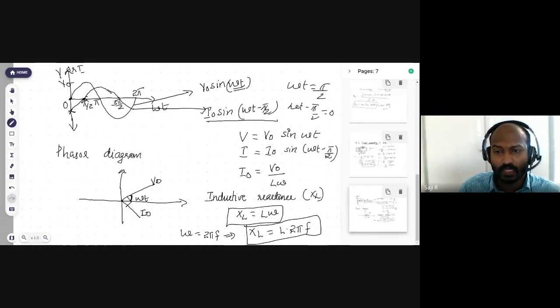As the frequency increases, inductive reactance increases, and as frequency decreases, inductive reactance decreases. Then the phasor diagram and the normal waveform. So these three diagrams: circuit diagram, waveform, and phasor diagram, then phase difference, inductive reactance and how it depends on frequency. And what is the advantage of this inductor over a resistor? Okay. Any doubt?